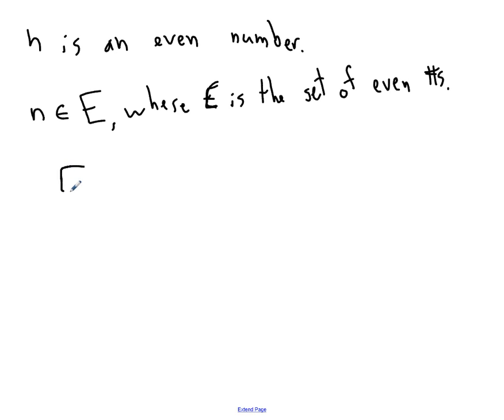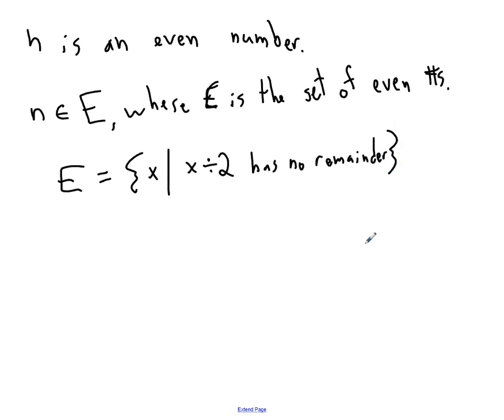So now we can define E, we can say x divided by 2 has no remainder. And that's what we mean when we say it's even. We mean it's divisible by 2. Right? Or we could say x is divisible by 2.